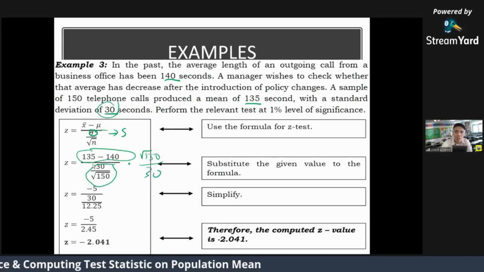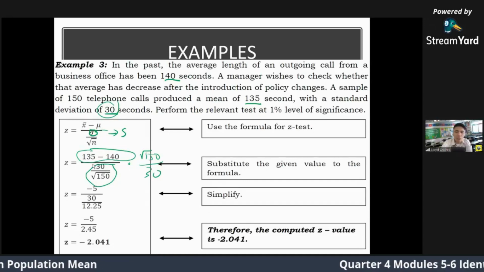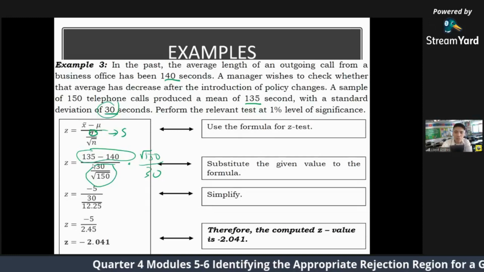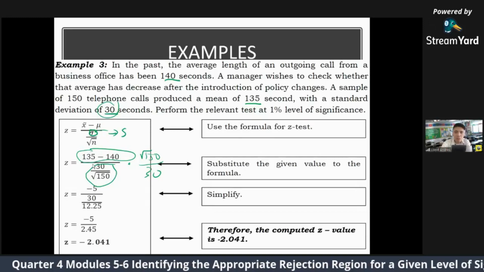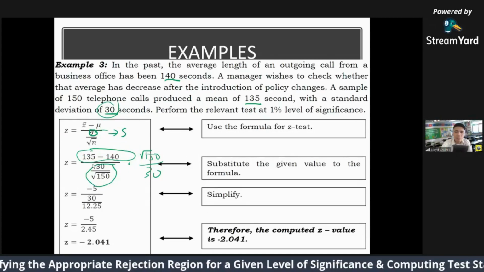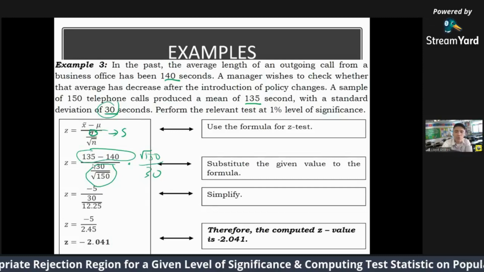So 135 minus 140 equals negative 5, times the square root of 150, then divide by 30. And that is negative 2.041.